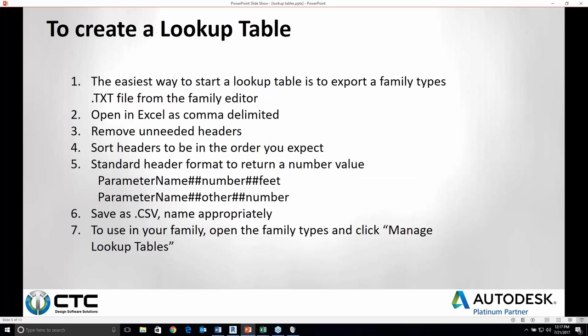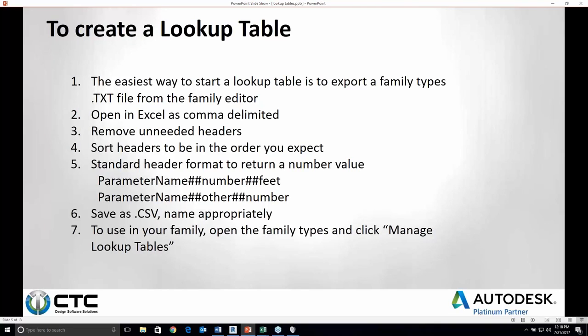To create a lookup table, the easiest way to start is to export the family types into a TXT file and then convert that into a CSV. Then we remove any unneeded headers, because what that export family types is going to do is bring in all of our parameter values.